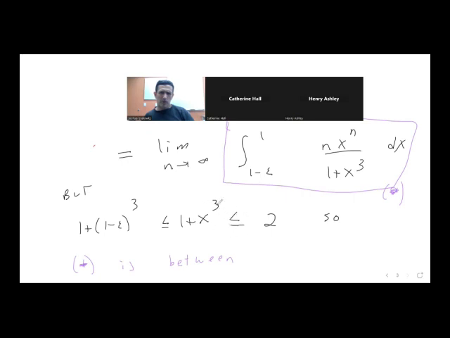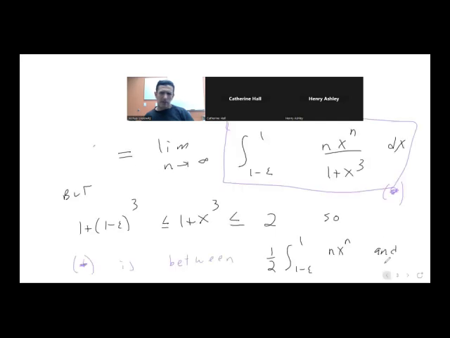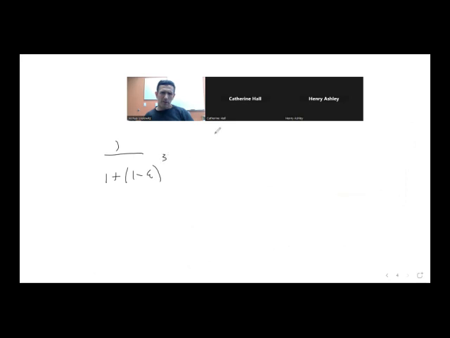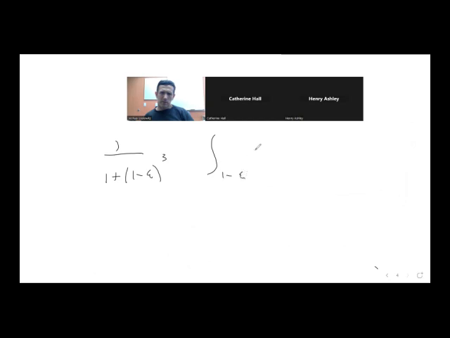You take 1 over it, it gets flipped, so it's 1/2. And basically the same thing. And this you can compute.